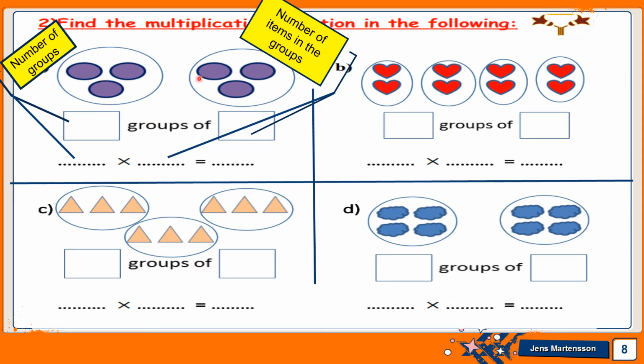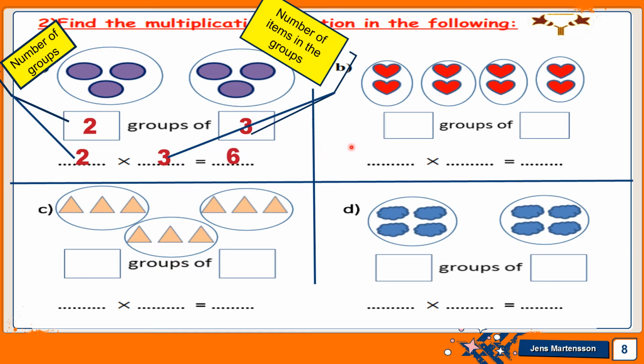So here the number of groups is what? 2, yes. And the number of items in each group, 3. Can we write it as a multiplication equation? We will write 2 groups of 3. That means 2 times 3 equals 6.